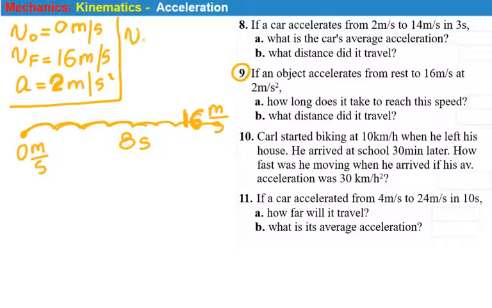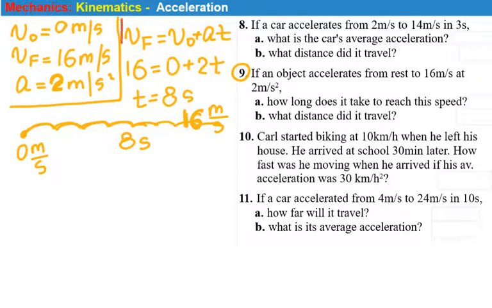So what you did is this. You said my final velocity was equal to initial velocity, and you added acceleration as many times as seconds. So my final velocity is 16. My initial velocity was 0. My acceleration was 2. And time. So the time is equal to 8 seconds.